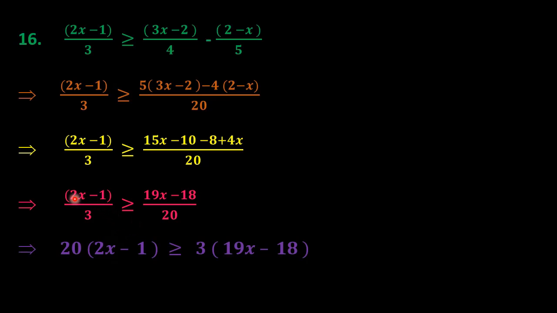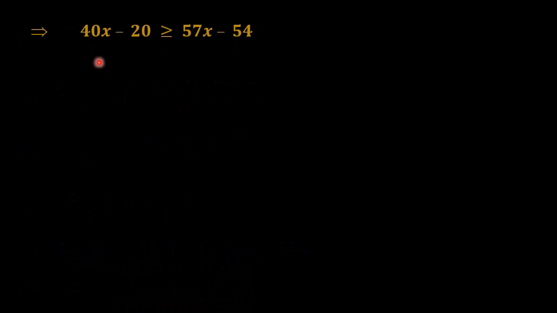So here the numerator of 3 we multiply by 20 and the numerator of 20 we multiply by 3. So now we open the bracket on both the sides. So this is the expression that we have got after opening the bracket on both the sides.